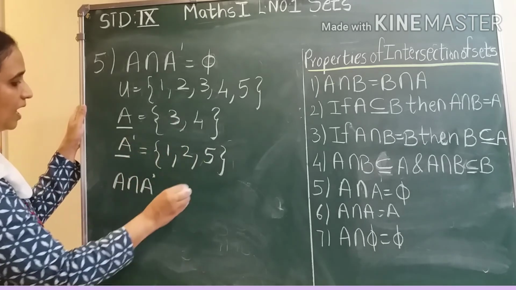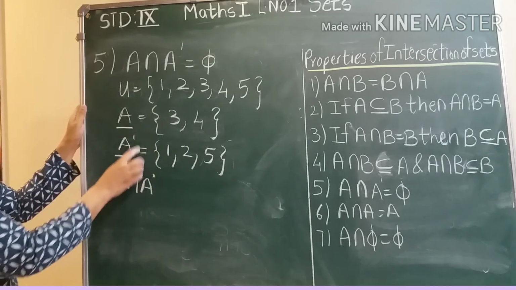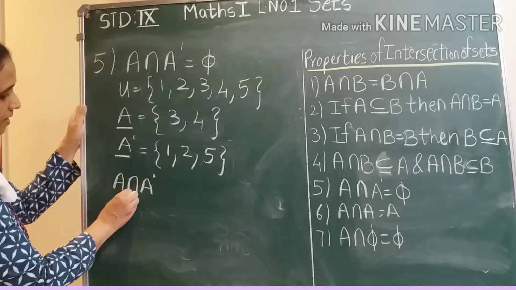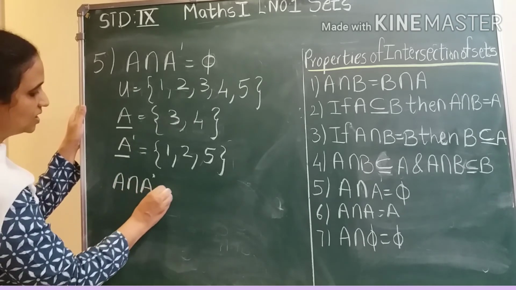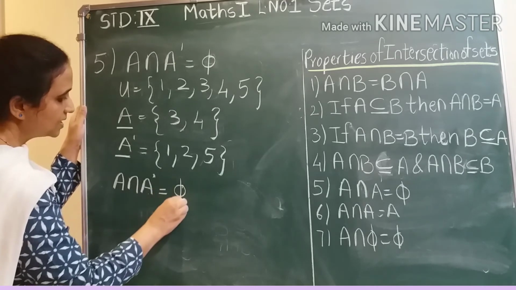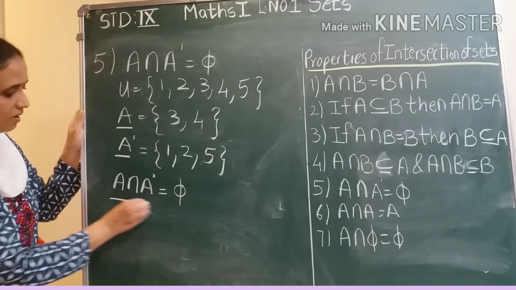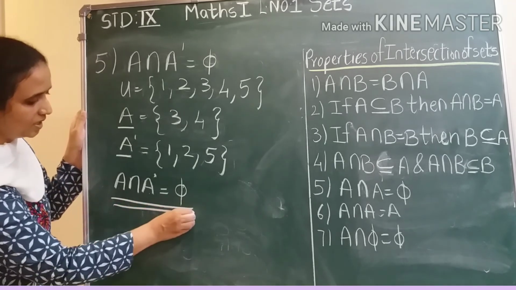So we don't have any element which is common in these two sets. Therefore, A intersection A dash is an empty set. So over here we have verified the property.